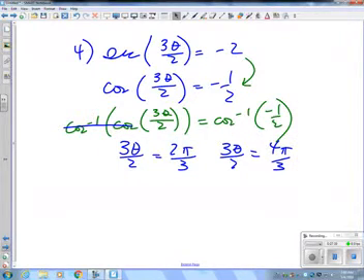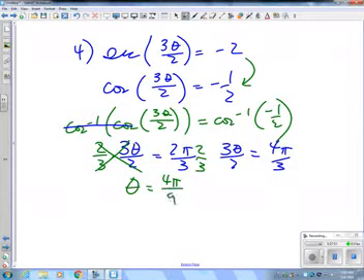So on this one, we're going to do 2/3 times both sides, because that's the reciprocal, and these cancel out. And that'll make it 4 pi over 9. And over here, we're going to do 2/3. I'll do it in a different color so it's easy to see. And the 2's and the 3's cancel out, giving me 8 pi over 9.